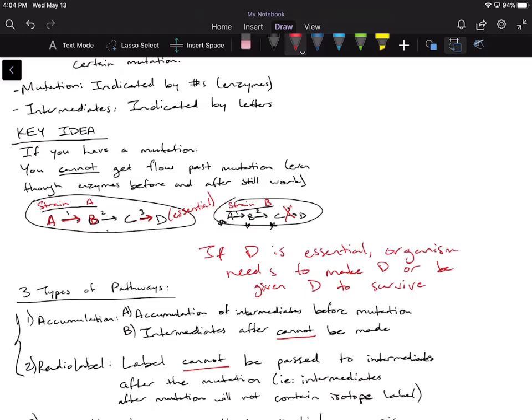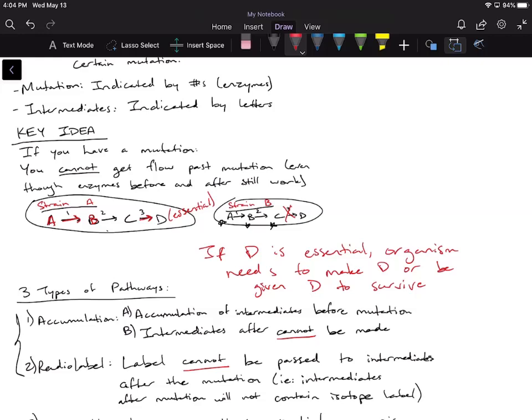If it's not going to make D on its own, then we need to provide D so that the organism can survive. Of course, there are other problems where you could have multiple essential nutrients, and that means you need to produce all of those essential nutrients, but I'm just going to do it for an example of one, okay?